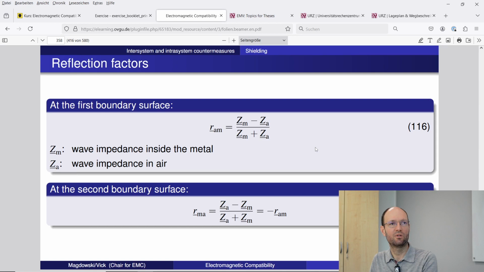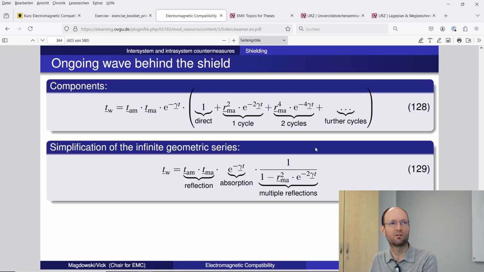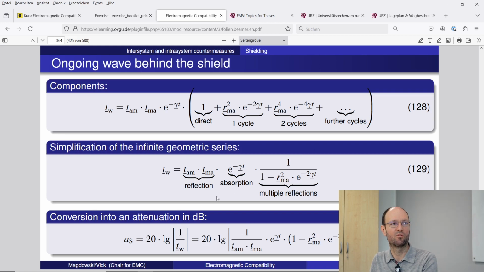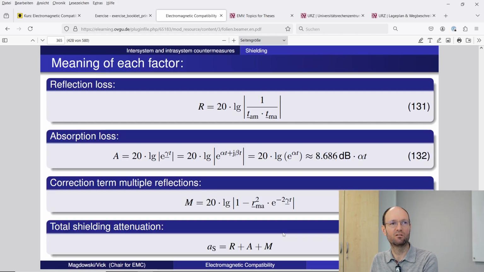And we, after all the derivation and all the formulas, came up with some formula that would allow us for some exact shielding efficiency calculation. So this would be the exact formula, and then we had some approximative formulas where the shielding consists of reflection, absorption, and some correction term for multiple reflections.